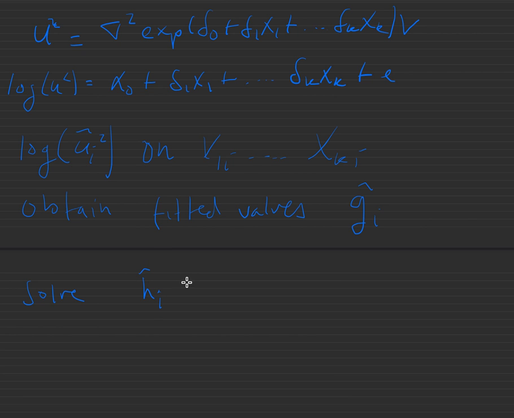hi hat is equal to the exponent of gi hat. Finally, we use weights one over hi hat to transform the equation.